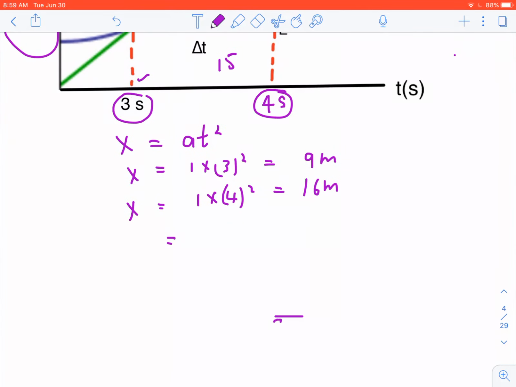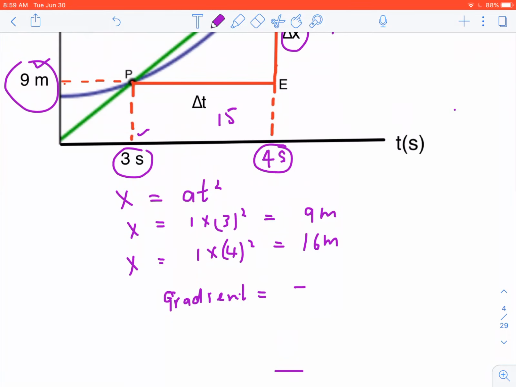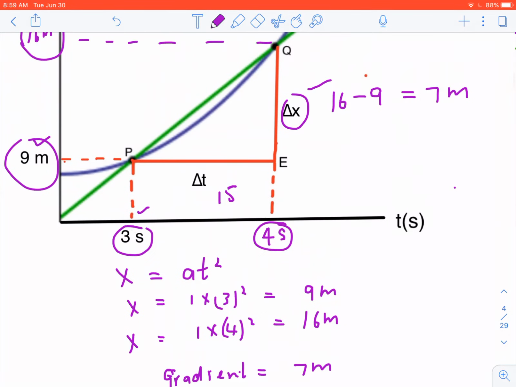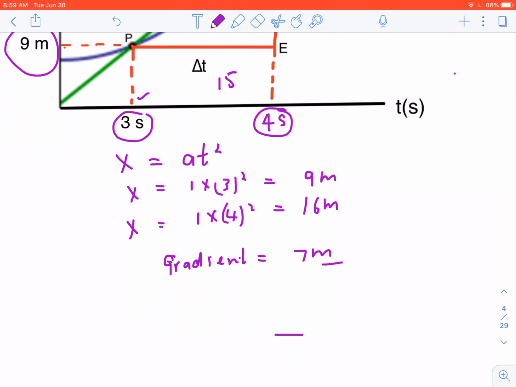So the gradient is equal to 7 meters upon 1 second, and we find that the average velocity is equal to 7 meters per second, right? And it's positive.